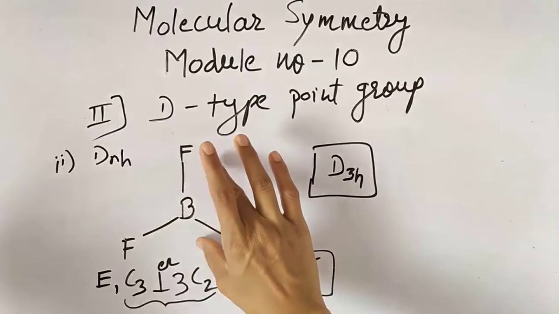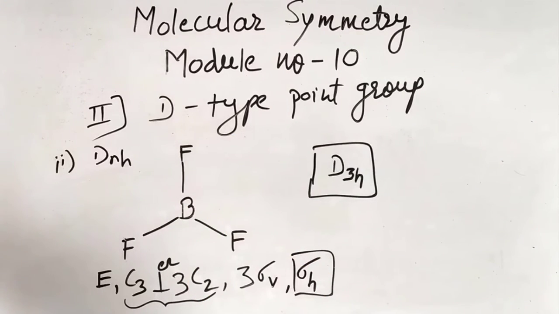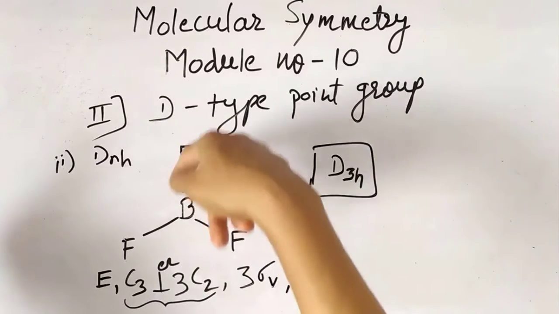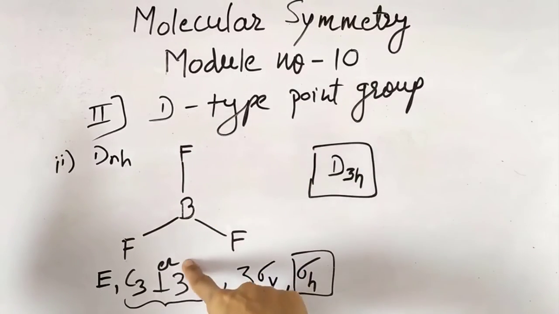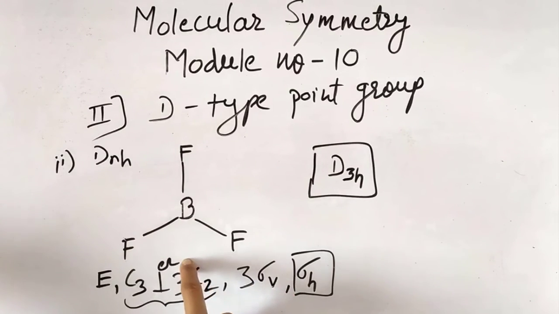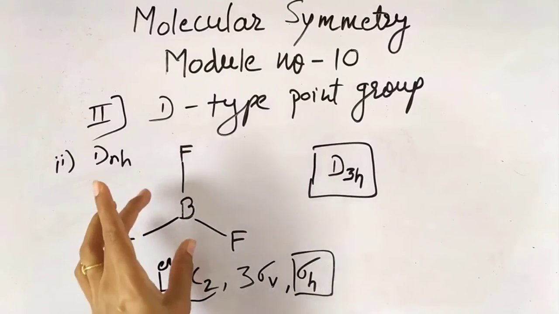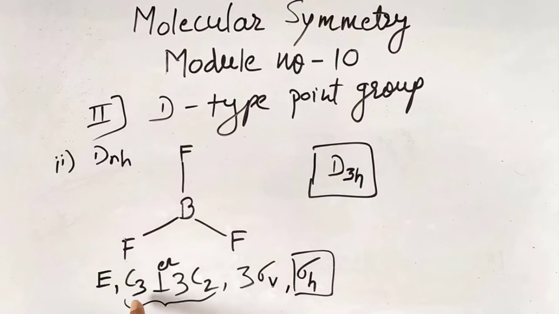Draw the diagram for BF3, and before listing out the symmetry elements, draw every symmetry element in the diagram. You can draw more than 2 diagrams also. In one diagram you can simply show C3 and 3 C2s. In a second diagram you can show 3 vertical planes. In another diagram you can show 1 horizontal plane.